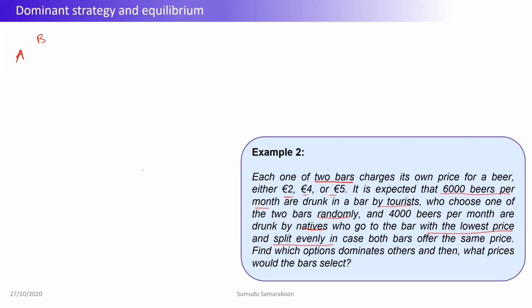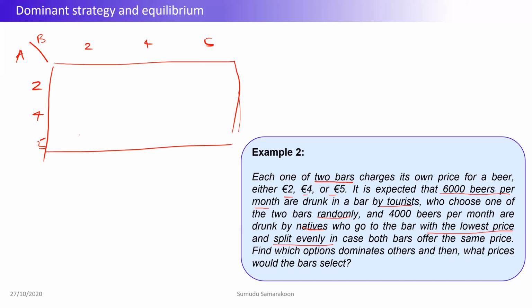Now let's try to put this in a tabular form to analyze. A and B: A can decide to sell for price 2, 4, or 5. Similarly, we can consider the same 3 options for B. Although it is in thousands, I'll just drop the thousands, which is easier to write here.